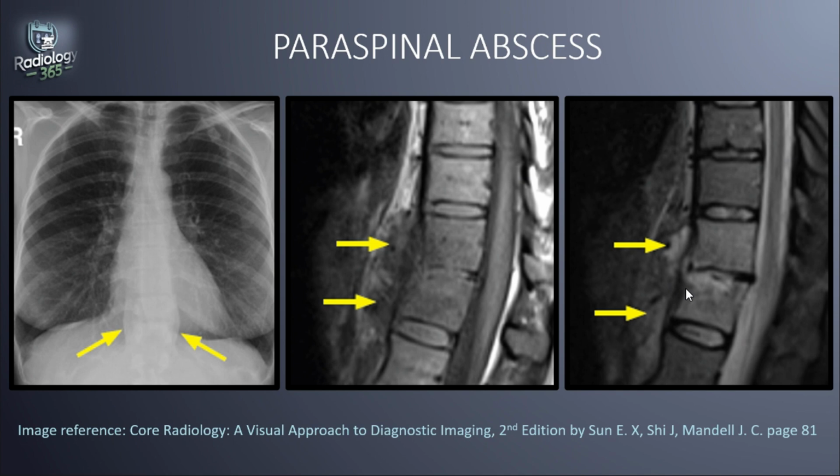And there's also adjacent paraspinous phlegmonous change here and here, and that's what caused the paraspinal line displacement on the radiography. So these were paraspinal abscesses secondary to osteomyelitis discitis in this patient.